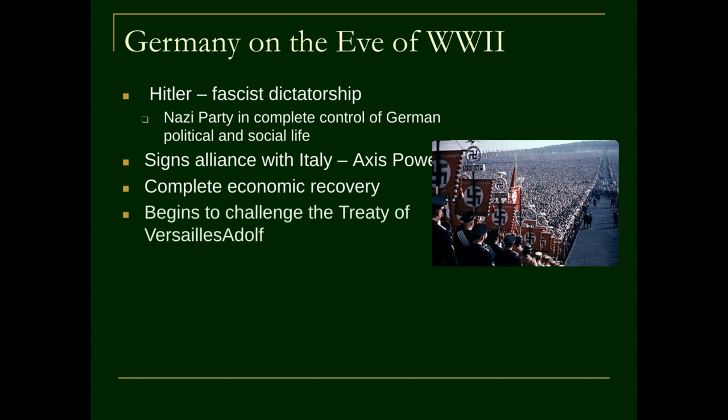Hitler begins to challenge the Treaty of Versailles. Remember that the Treaty of Versailles said that Adolf Hitler could not rearm, but Hitler goes ahead and he moves his army into the Rhineland, which we discussed in the last lesson.